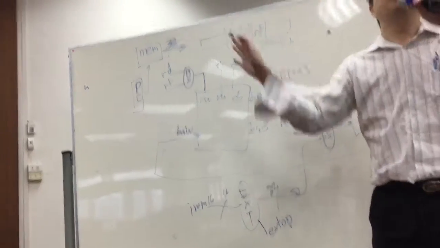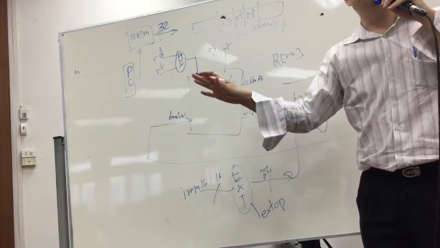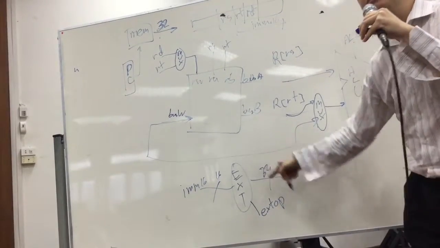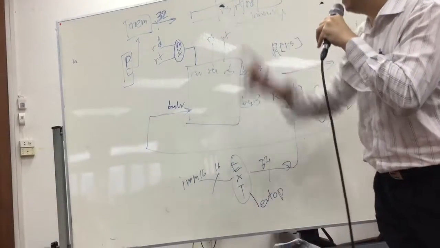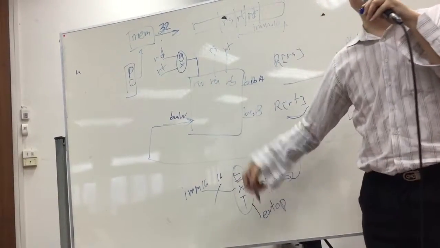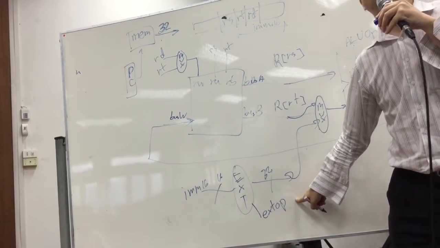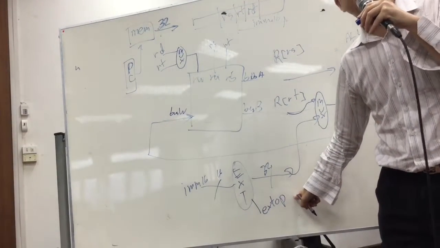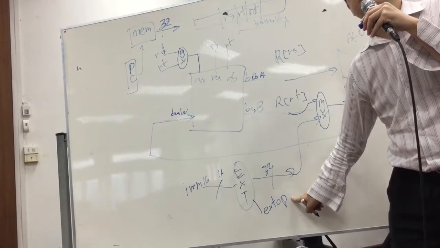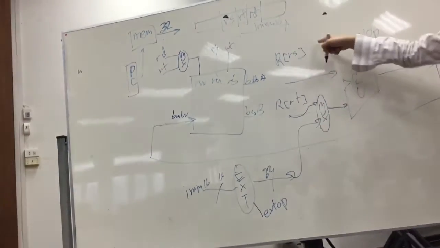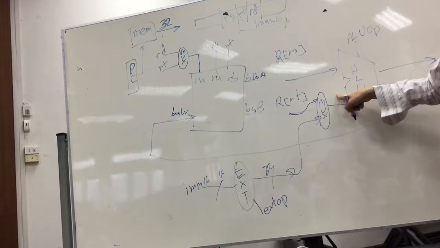But if you got two completely separate extenders, one for sign extend, one for zero extend, then you might need another multiplexer here. But in this case, the example says we got one extender that can do both. You just have to specify it to do either zero extend or sign extend with this signal extender operation. So we just got RRS and the sign extend 16-bit that we want.